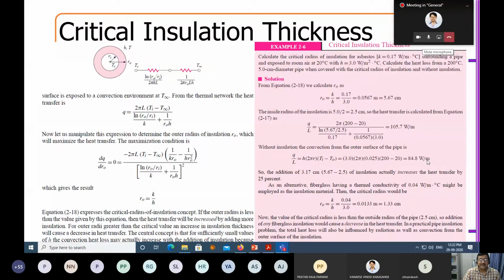So that means the heat that is being transmitted out, if I consider the outer radius R0 to be 5.67 centimeter, which is the critical one that I have calculated from this equation, this will come out to be larger. Whereas based on only the heat transfer coefficient, convected heat transfer, this is coming out to be 84.8 watt per meter.